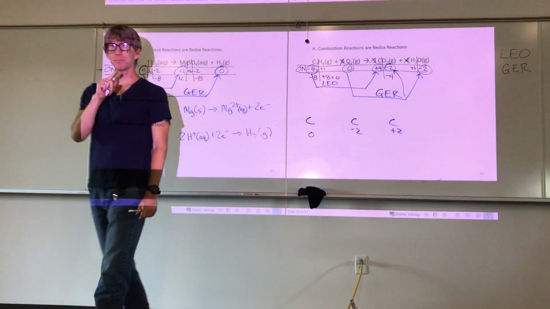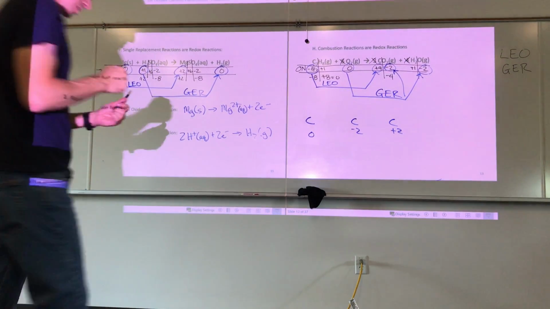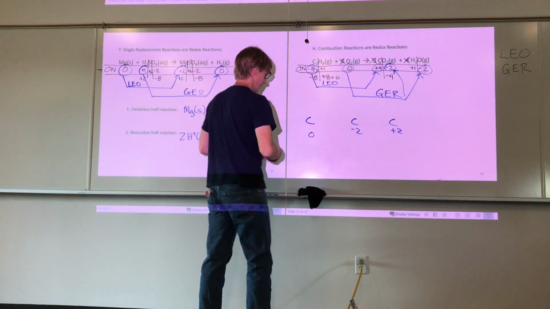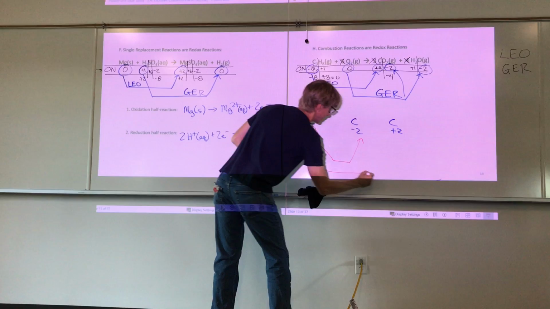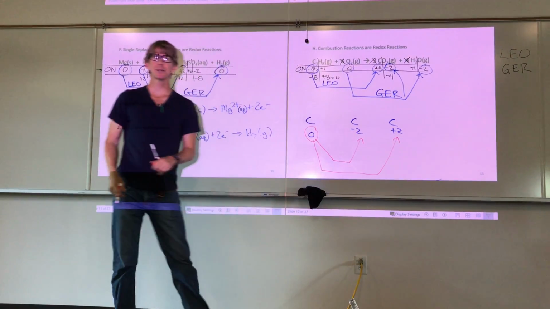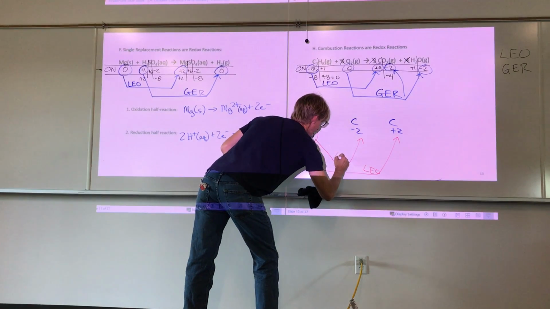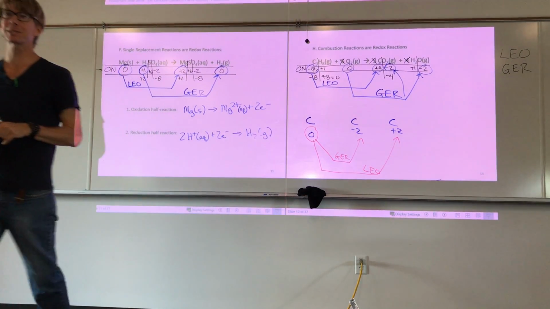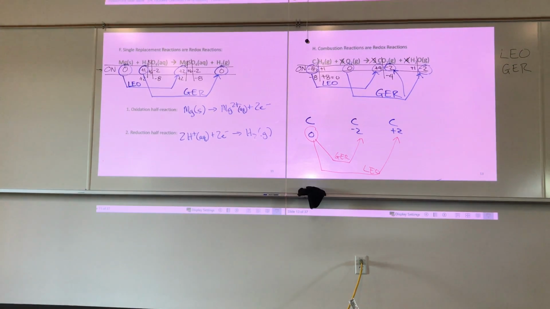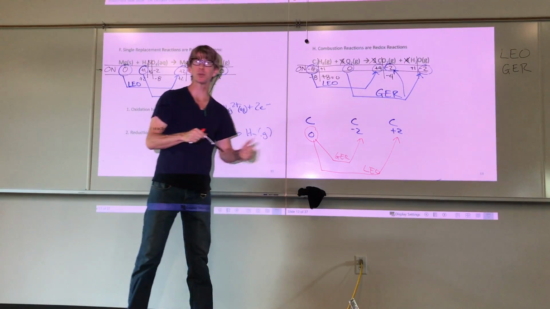I don't know if that would, in particular, ever happen, but other elements do this. And you would connect them, say one was oxidized, one was reduced. That's possible. It's not common, but it is possible. Does that answer your question? Yeah. That's the key, is you're looking for what changes, and it can be the same thing that changes both ways.